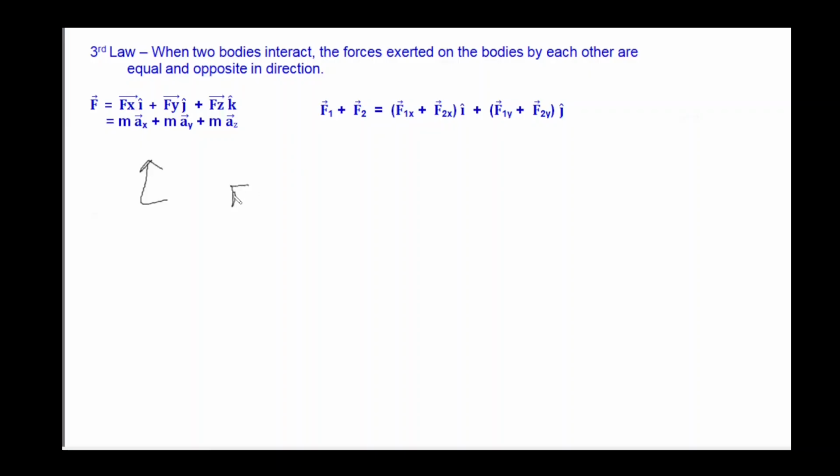What we want to do is find the net force acting upon a body, and that's equal to the sum of all forces. So that would be equal to force 1 plus force 2 all the way out to force n.